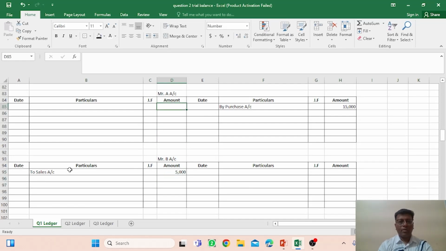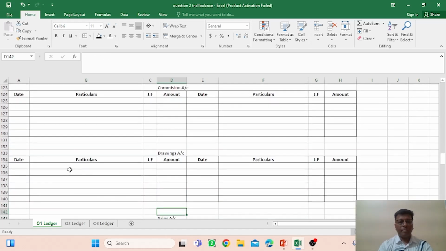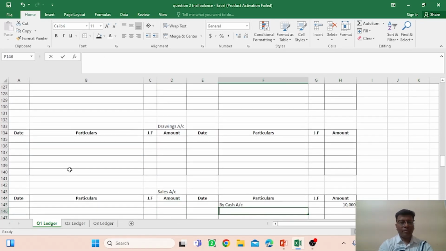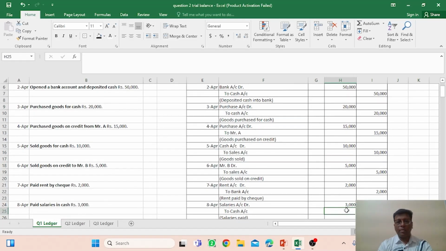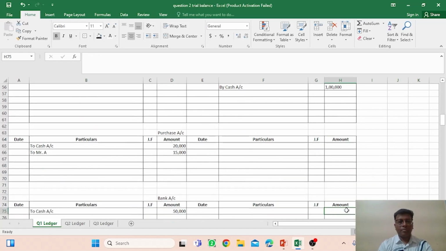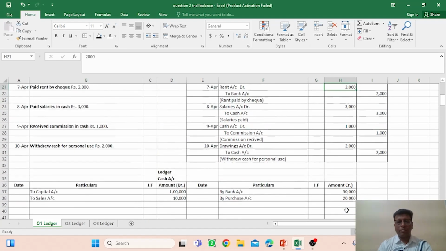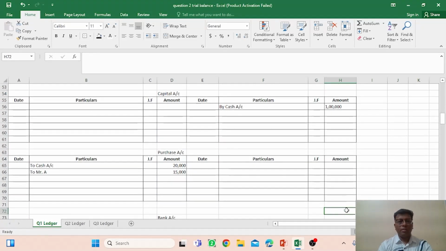And in the sales account by Mr. B 5,000, right? And another transaction is rent account debit to bank account, and at the same time we should check the amount 2,000, rent debit to bank 2,000.